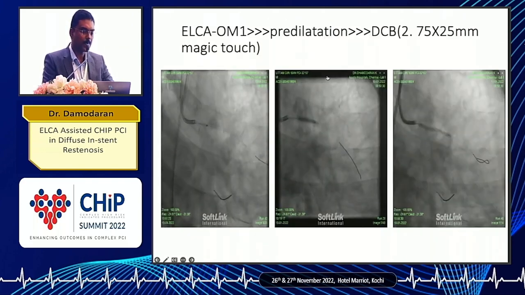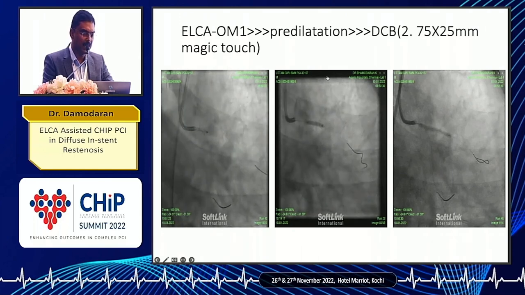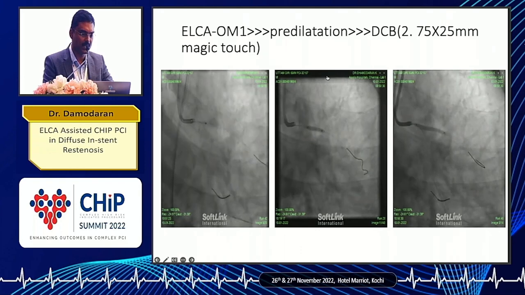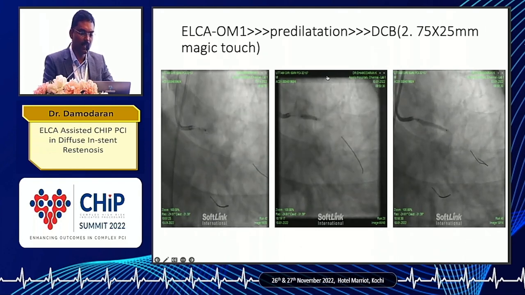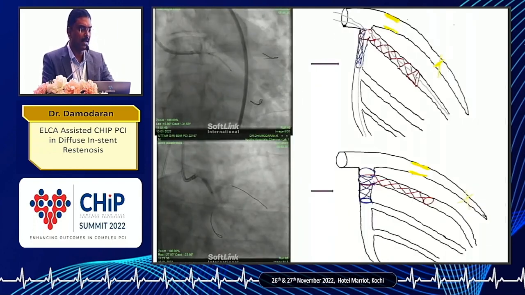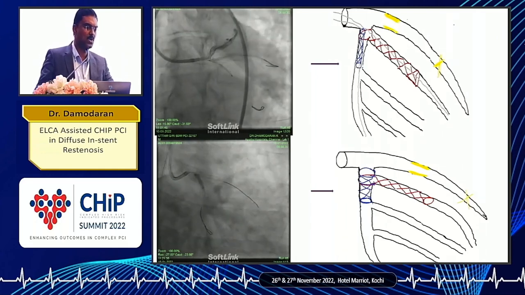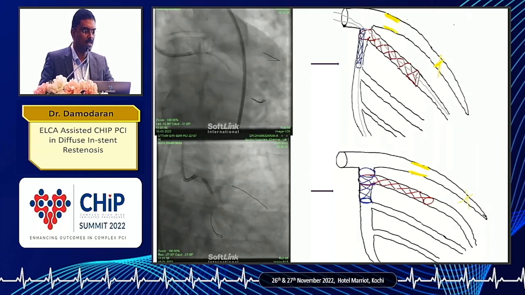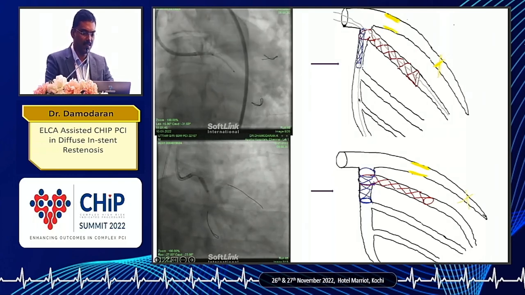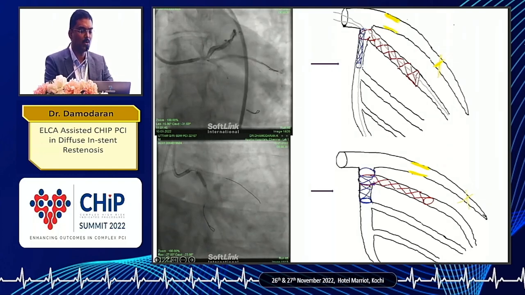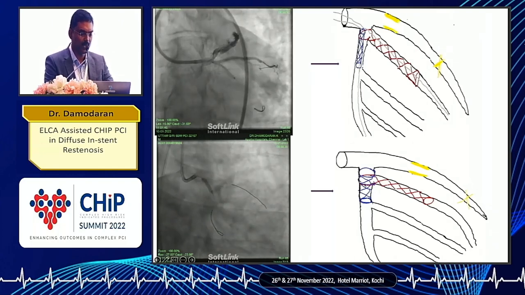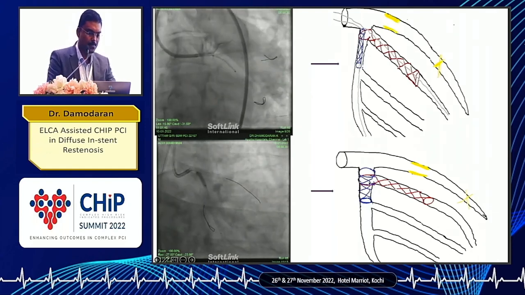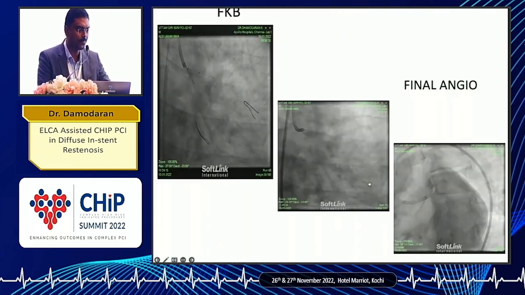And then this time I dilated again the OM, and then with the DCB after laser and pre-dilatation of the OM. Now what I did, I had to put the stent in such a way, because there is no proximal landing zone. It is almost like a modified flower petal technique. So I went through the lower part of the proximal OM stent and dilated it and put the stent, and then finally did a kissing balloon.